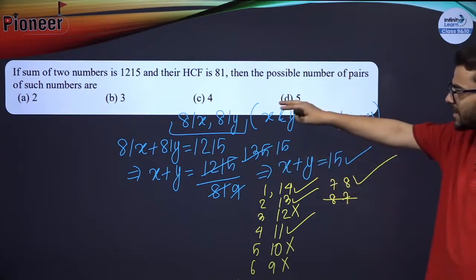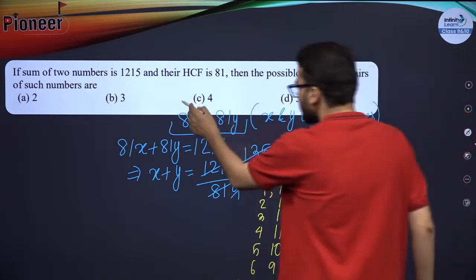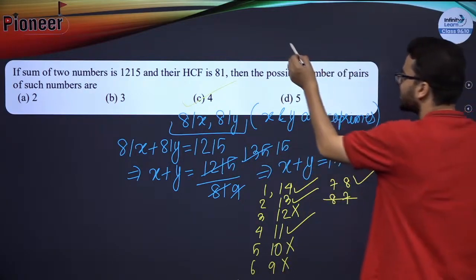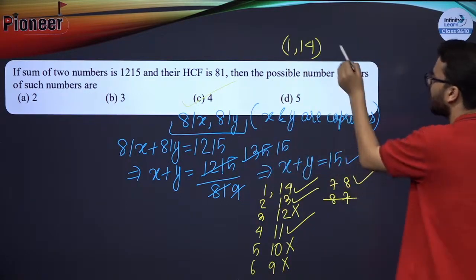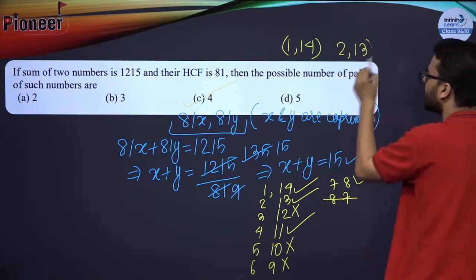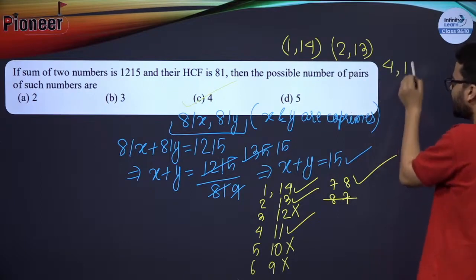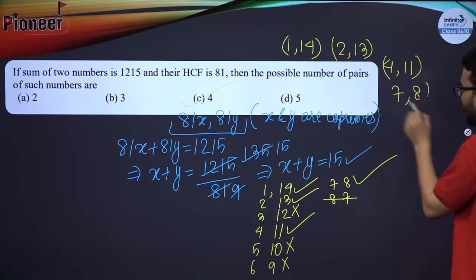So how many such pairs are possible? 1, 2, 3, 4. 4 such pairs are possible. I hope it is clear. Those pairs you can write as 1, 14 or 14, 1 as well, no problem. 2, 13 over here, and then 4, 11, and then 7, 8. But the answer is not this.